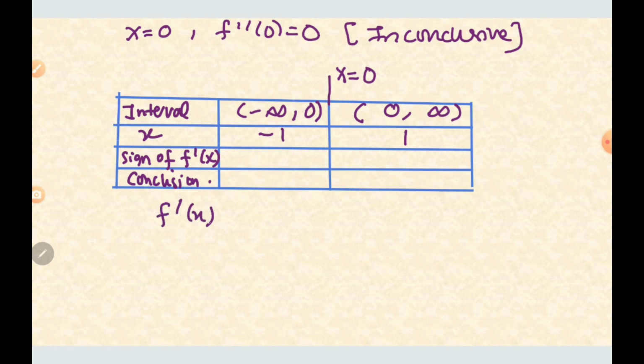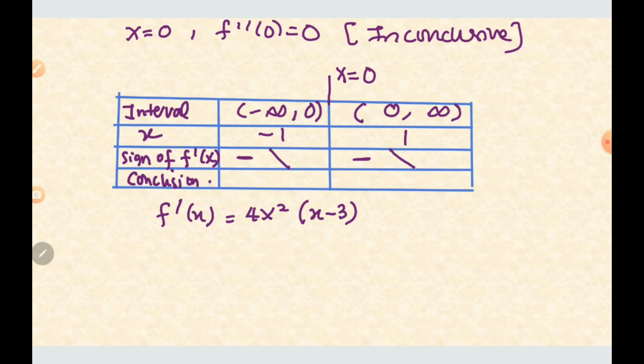We have just now the answer, f prime x is 4x squared multiplied by x minus 3. Then you substitute negative 1 into the function, you will get the answer is negative, and the slope is going down. And when you substitute 1, the answer is also negative, and the slope is like this.